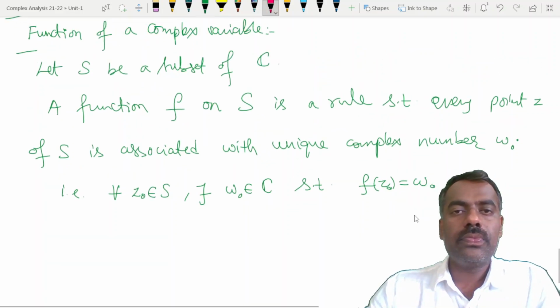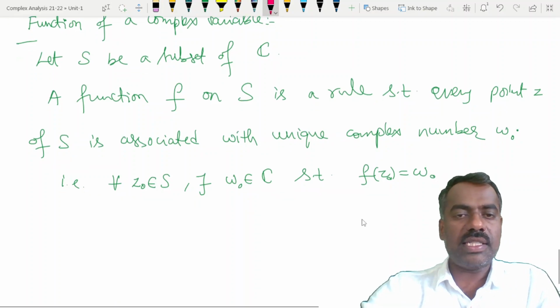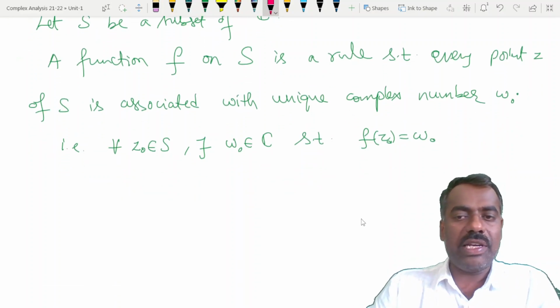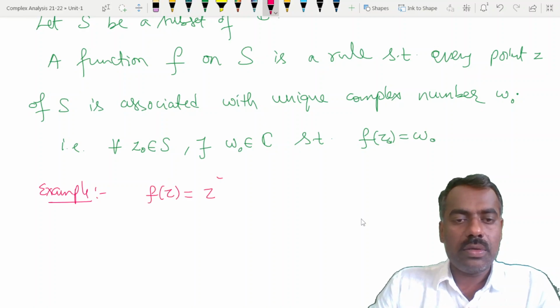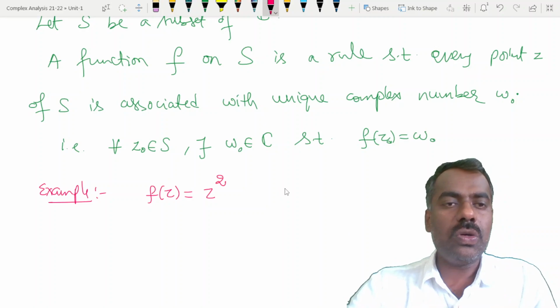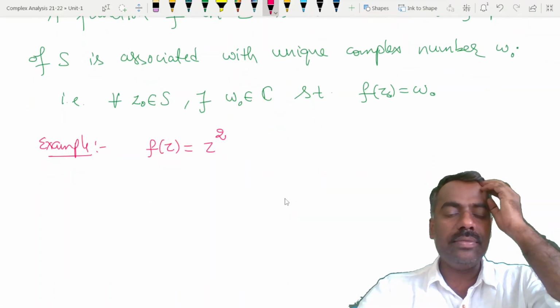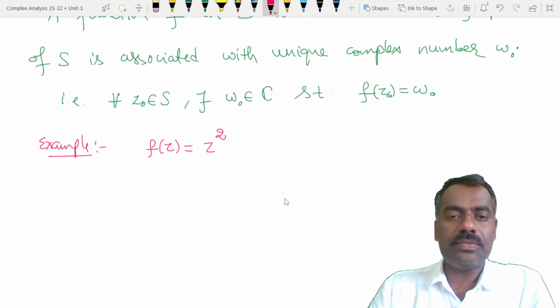Now, just to understand, let us quickly take an example of how a function looks. Suppose f of z is equal to z squared. Then what is the meaning of saying this?